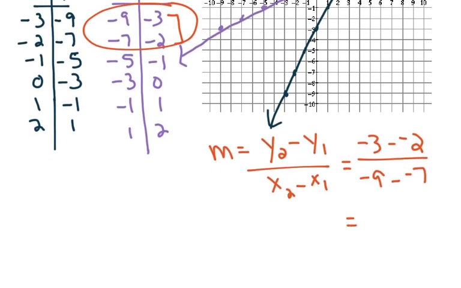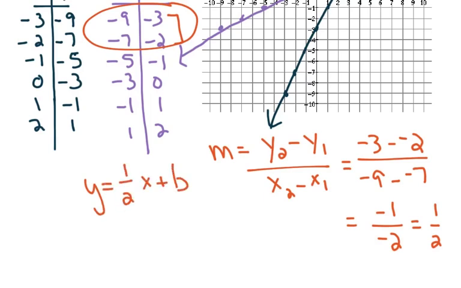Those two negatives make a positive, so negative 3 plus 2 is going to be negative 1, and negative 9 plus 7 is negative 2, and those two negatives go away, and I find out that the slope is 1/2. So in the equation y equals mx plus b, I know m is 1/2. What I don't know yet is what's the y-intercept b.